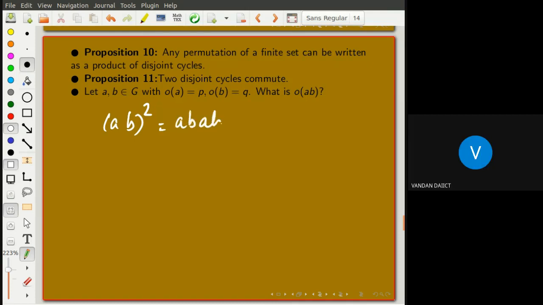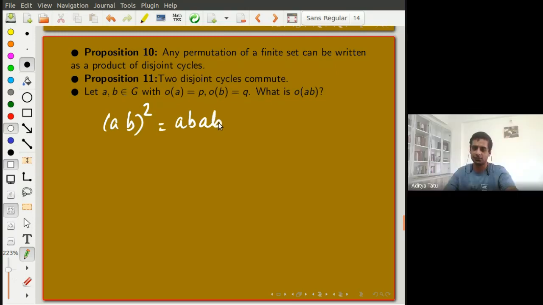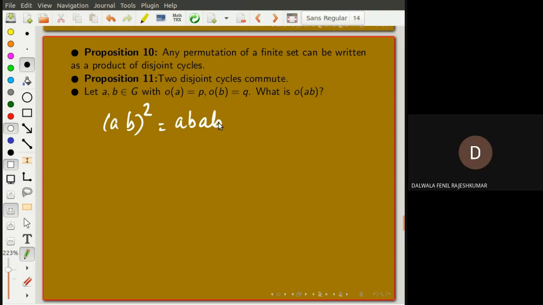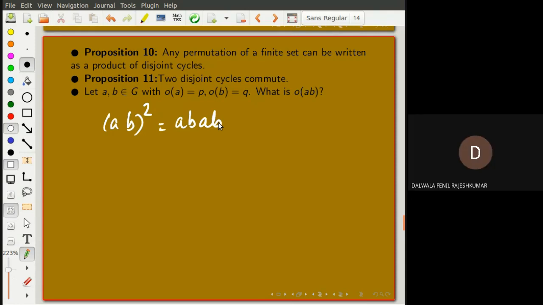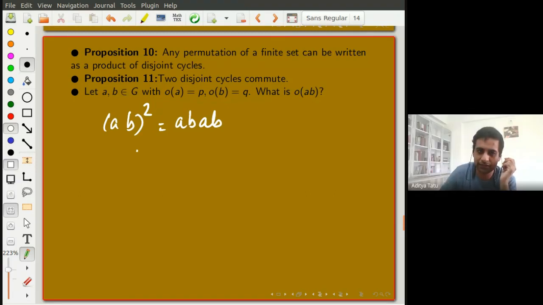If it is commutative, then only we can say that if G is abelian, then (AB) whole raised to K should be A raised to K, B raised to K. But once again, remember we don't need to assume that G is abelian.